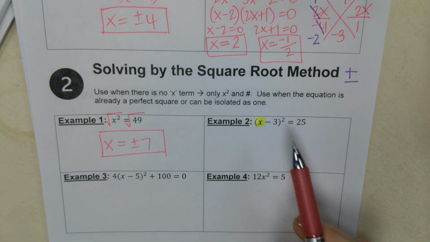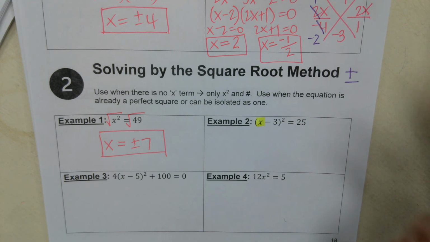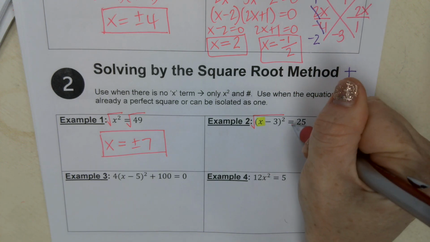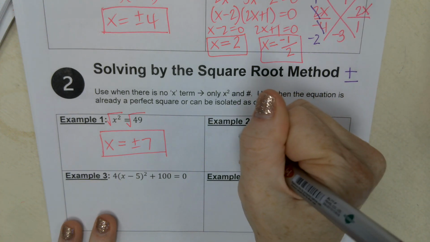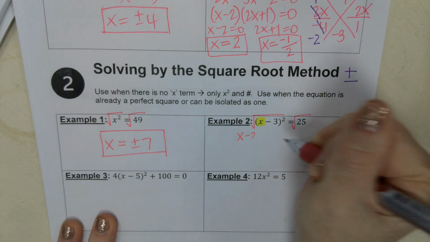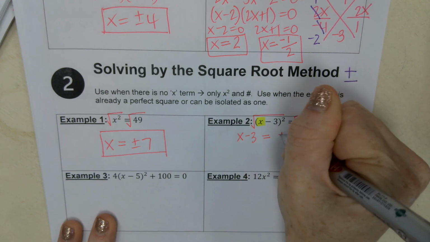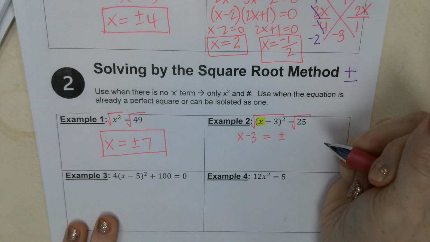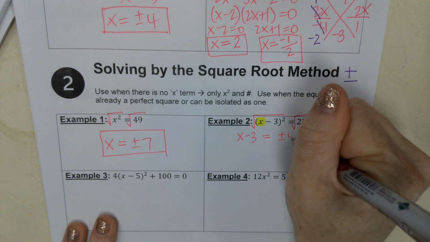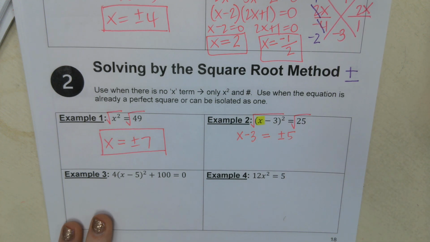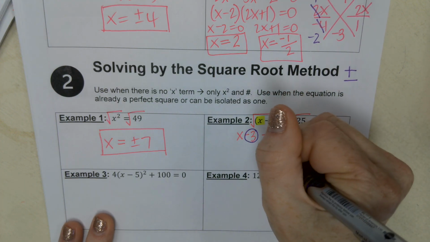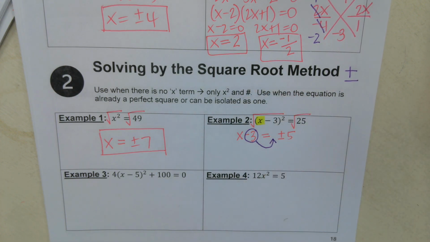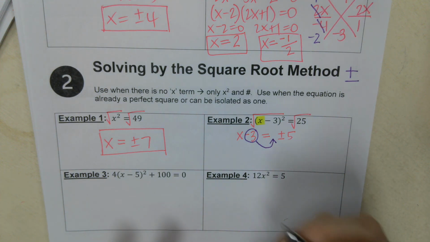All right. On this one, my job is to get x all by itself. But that x is currently being protected. So in order to get inside there, you've got to get rid of the square. That's going to give me x minus 3 equals plus or minus what? 5, yeah. That's all right. Now, when I isolate my x, I am going to move that and stick it in front of the plus or minus.